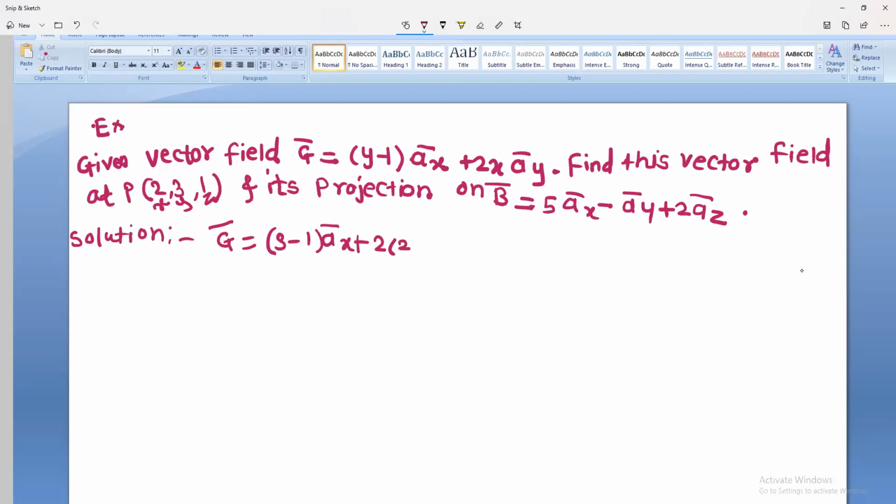X is equal to 2, into a bar y. Now there is no unit vector in direction of z. Okay. So this G bar is equal to 2a bar x plus 4a bar y. Okay.